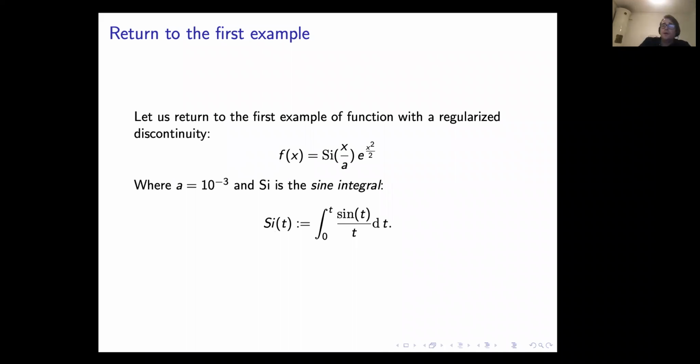Anyway, okay, so let's go back to where we started. So we have the regularized discontinuity, and I'm still missing a minus here: sine integral x divided by a times e to the minus x squared divided by 2.